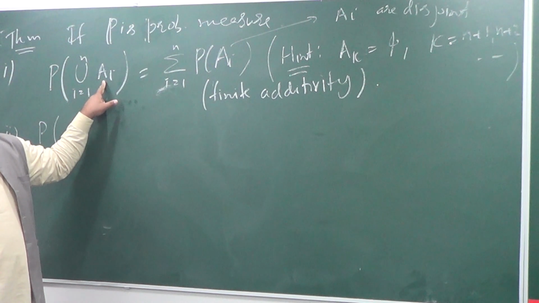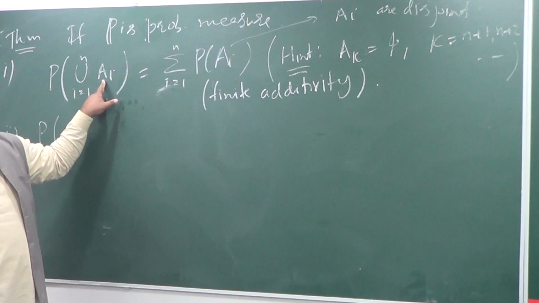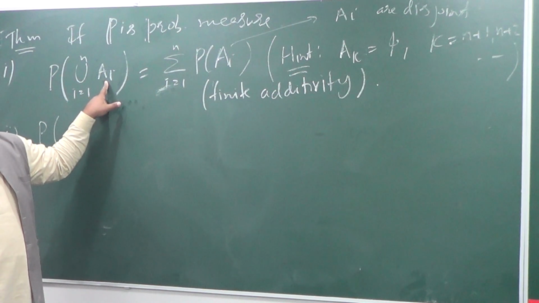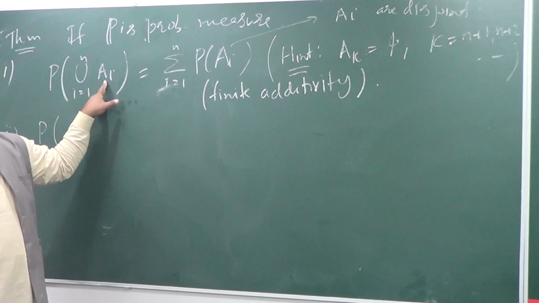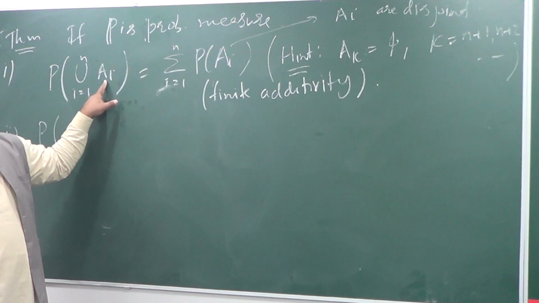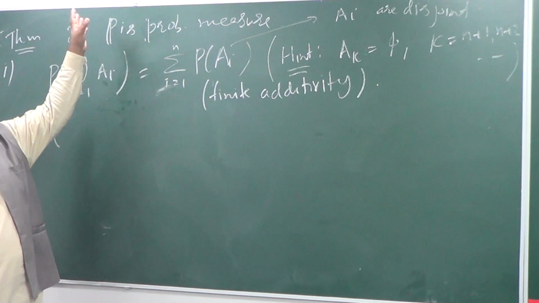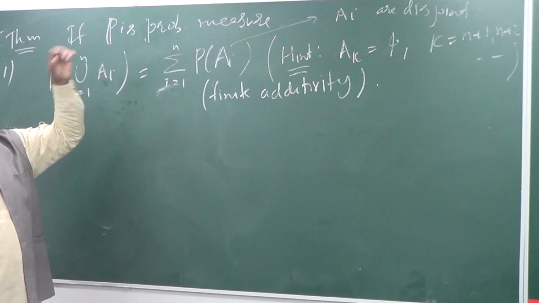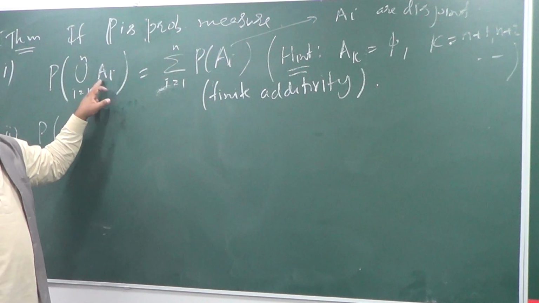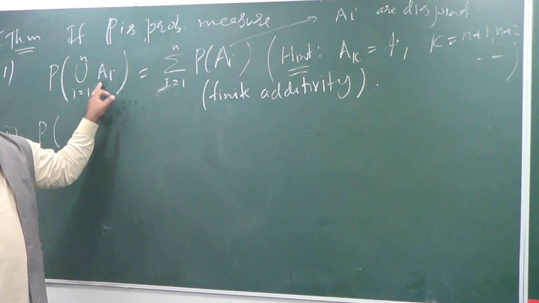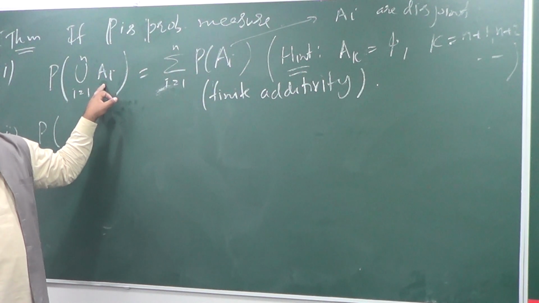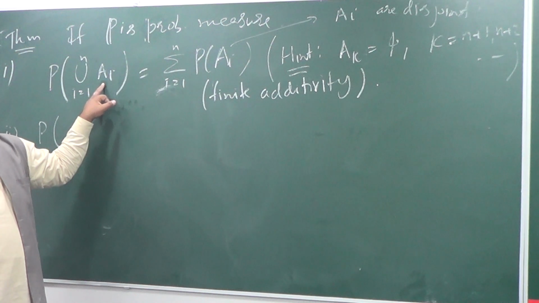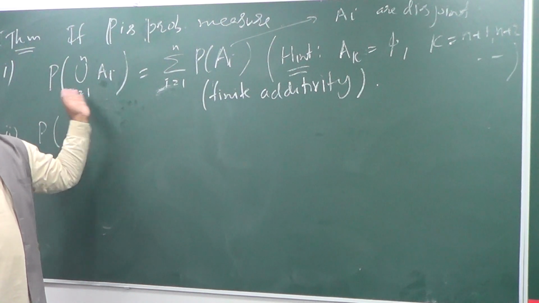Some of the A's can be discrete, some can be countable, some can be intervals, no matter what you have. Because if omega is some part of the real numbers or maybe even beyond that, then these A's can be discrete, continuous, or mixed, whatever you want. But the result is still true.